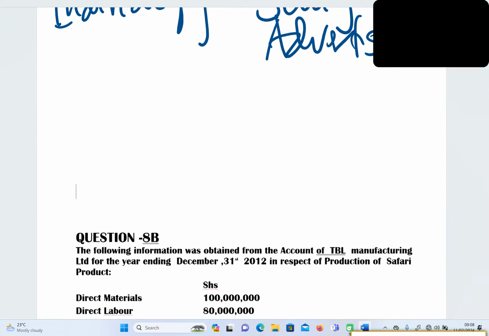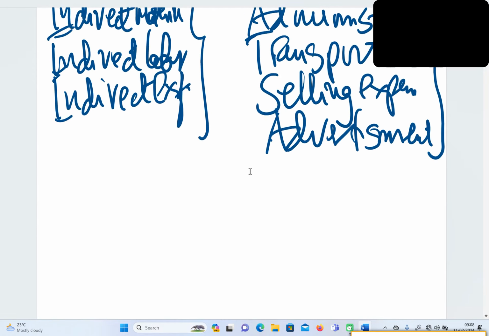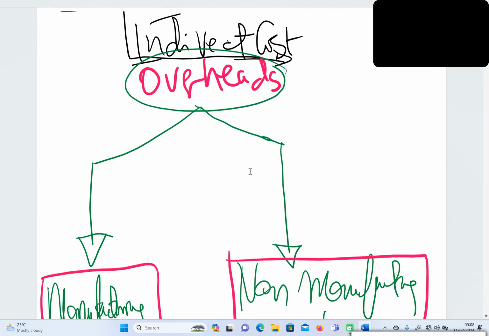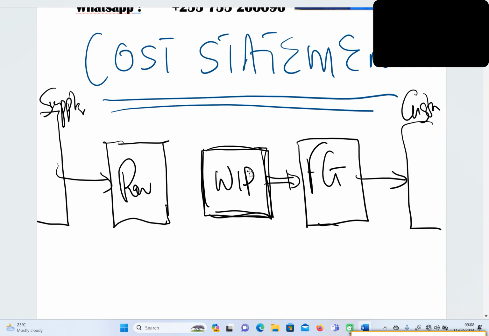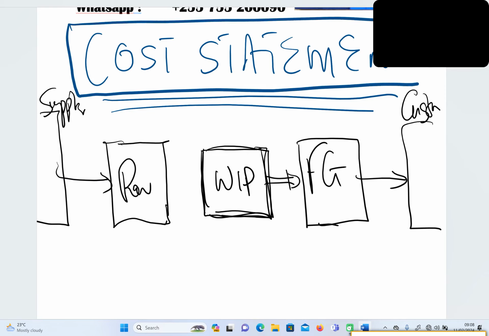Those are what we call indirect non-manufacturing. So, you see the way it works, the cost statement. How much does it take to produce something in order to have the statement itself?